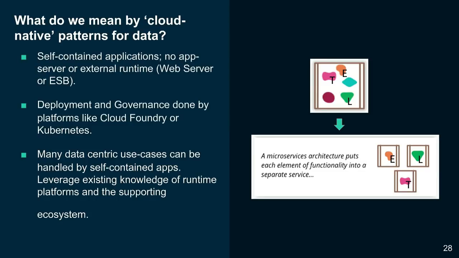And now, for example, you have cool knobs, like the L part, loading. You can scale up the loading if necessary, because often writing into a database or writing into HDFS could be the bottleneck in your ETL transformation. So instead of having to scale up a giant monolith, you can scale up just the parts that are important.